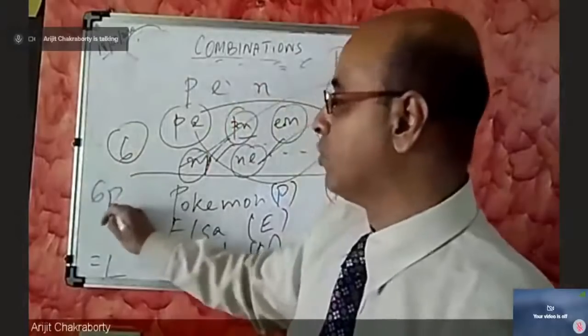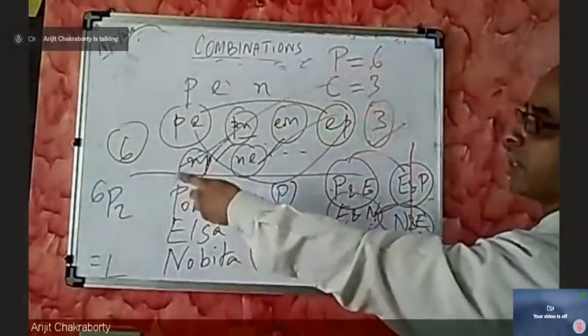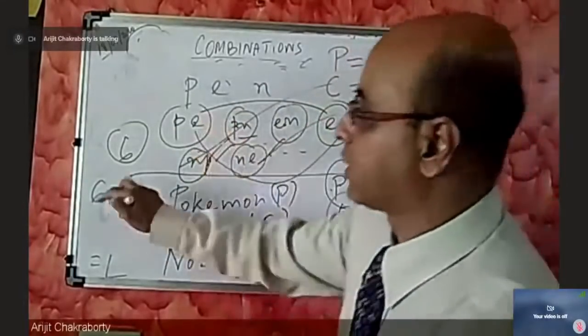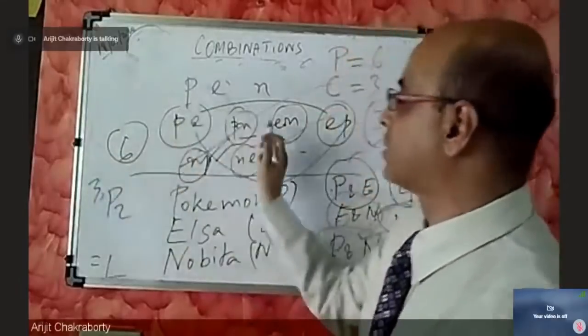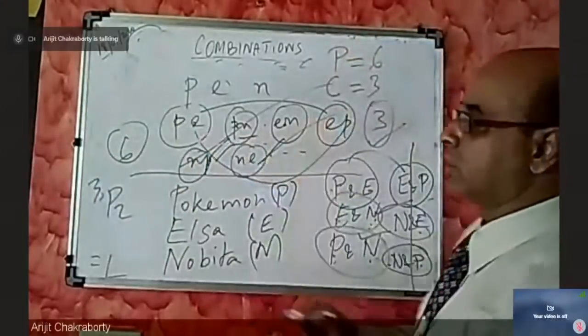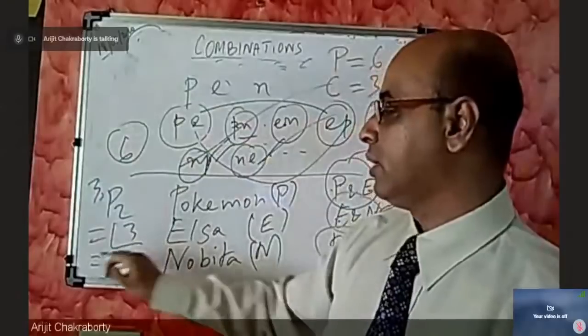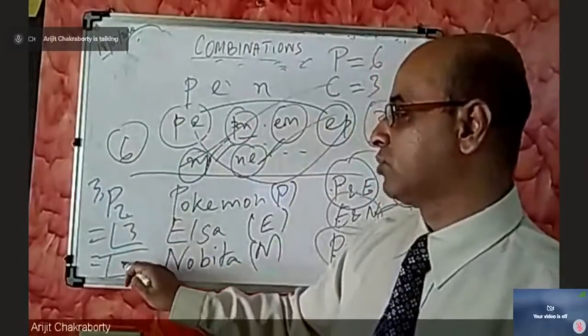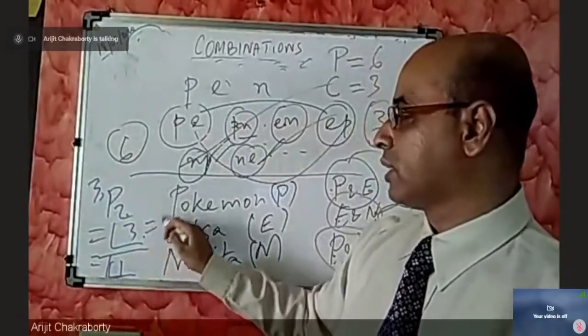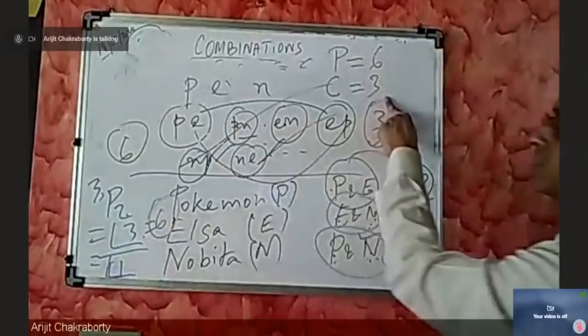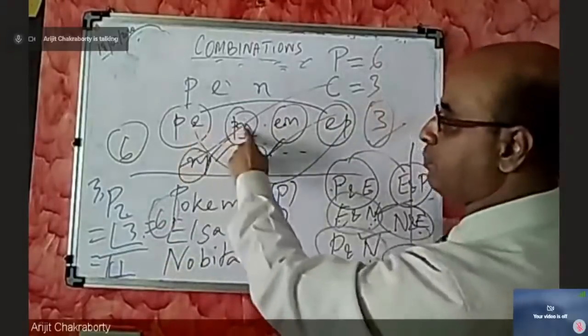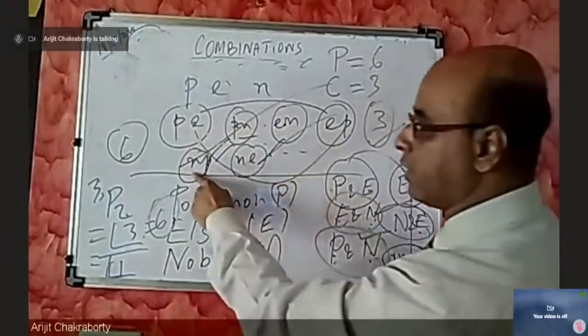Actually, 3 people are there, P, E, N, and you are taking 2 of them each. So 3P2 is 3 factorial divided by 3 minus 2 factorial, that is 1 factorial, and 3 factorial is 6. So we got 6 examples here: PE, PN, EN, EP, NE and NP.